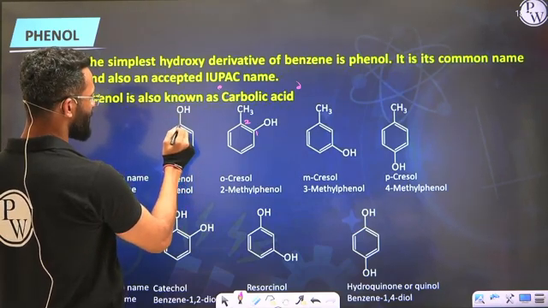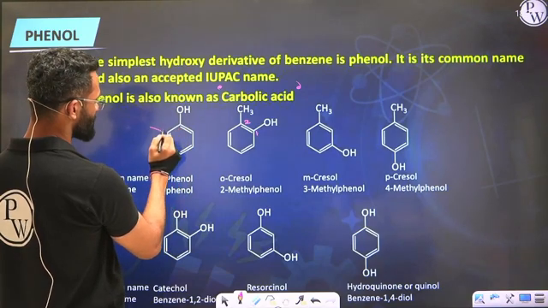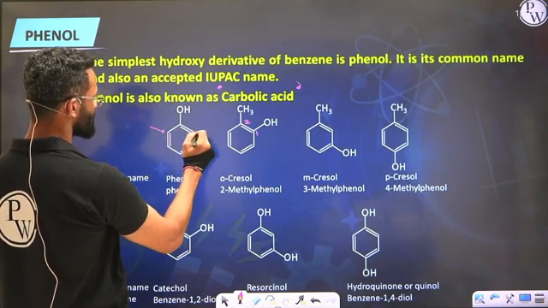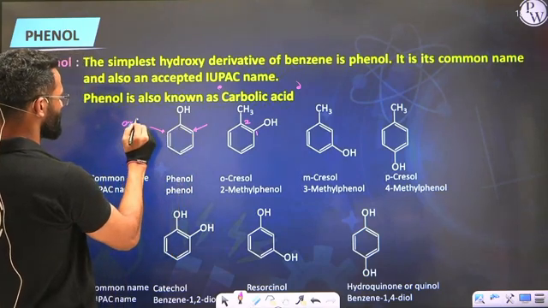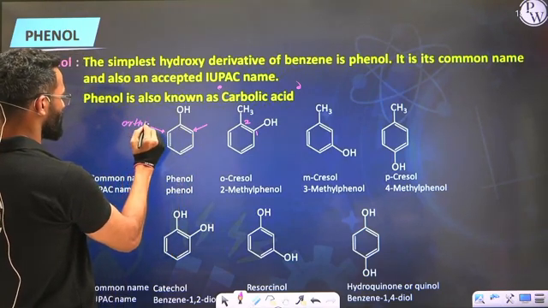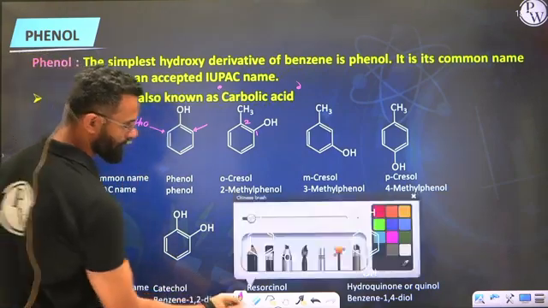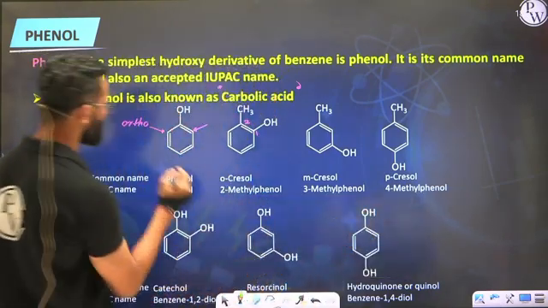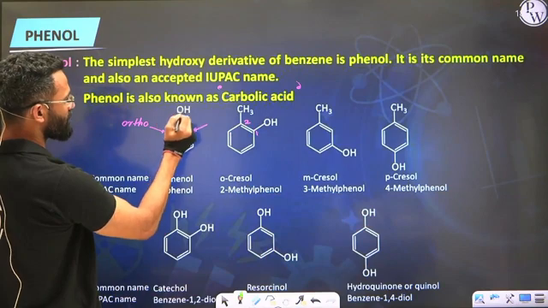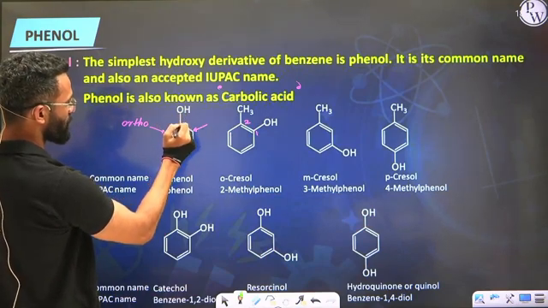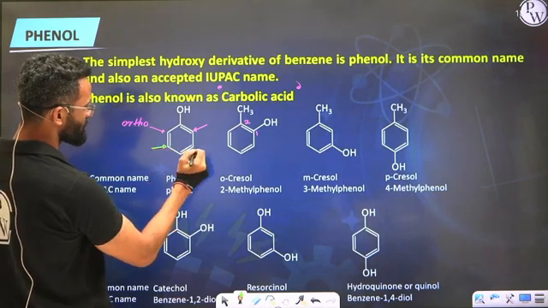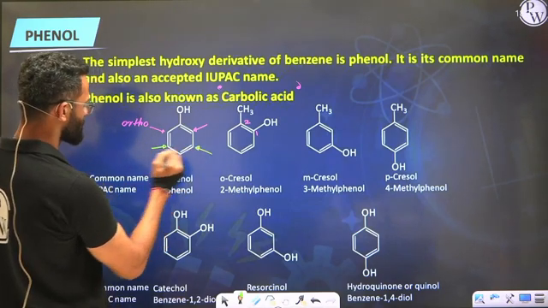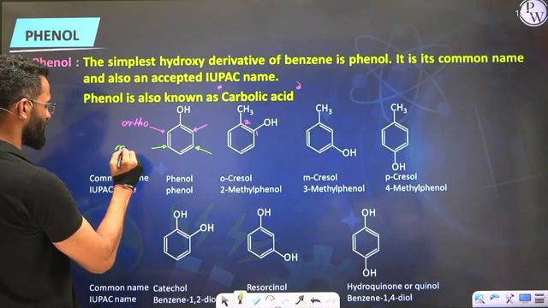Any carbon which is adjacent to this carbon, meaning this or this, these positions are referred as ortho positions. Any carbon which is alternate to the carbon carrying the functional group, this is the carbon carrying the functional group, and the alternate carbon to that is this, or even this. These carbons or these positions are referred as meta positions.